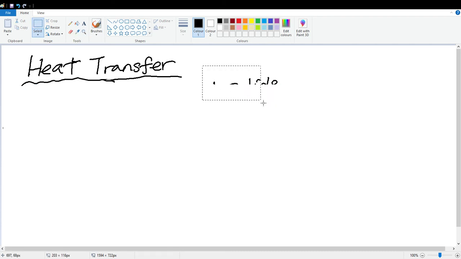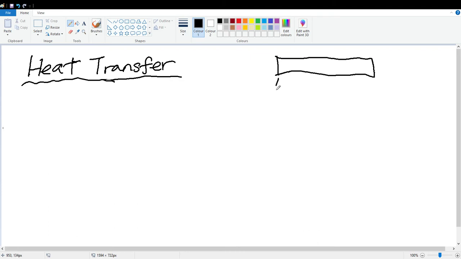Let's say I have an object, and this is point A and the end of the object, point B. Let's say I supply heat to this object, starting from point A, and these are the lattice atoms of this object.